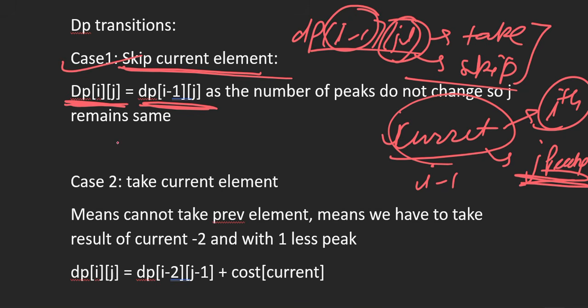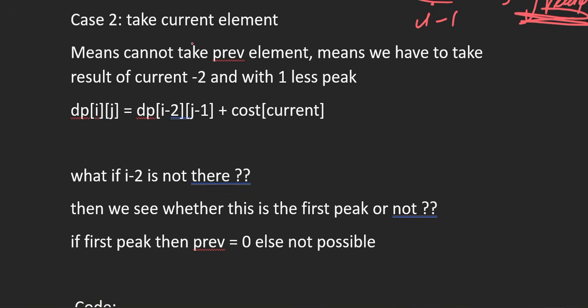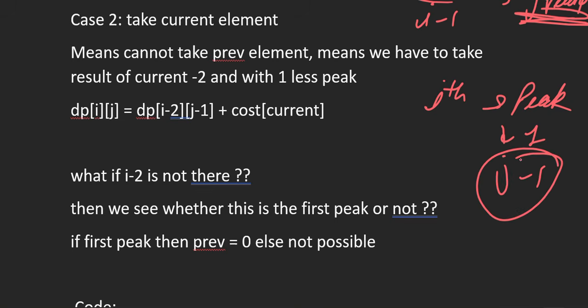This is case 1. Then case 2 is that we take the current element. That means we are making the ith element a peak, right? So if we are making the ith element a peak, then we are getting one peak. And how many peaks do we have to make? We have to make j peaks. So how many are left? j minus 1 peaks are left. Now if we have taken the ith element as a peak, then the i minus 1th element should not be a peak, right?